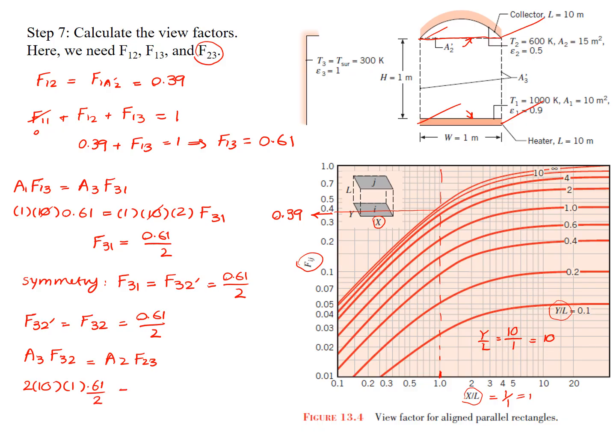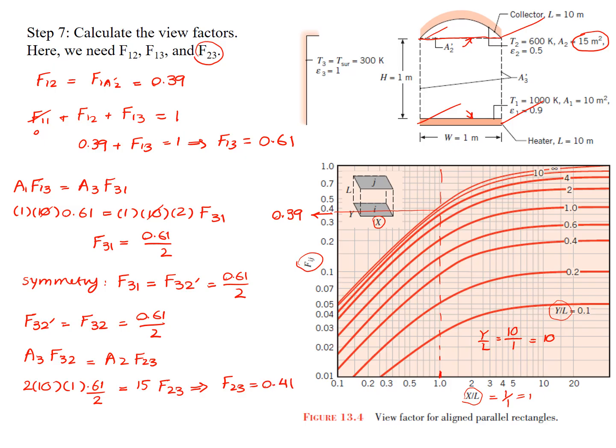And that should be equal to A2, which is given to me as 15 meters squared. So that's going to be 15 multiplied by F23. Now from here, I should be able to get my F23 equal to 0.41.